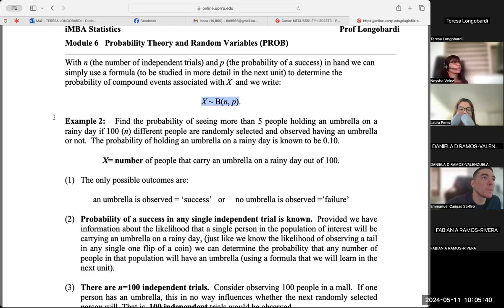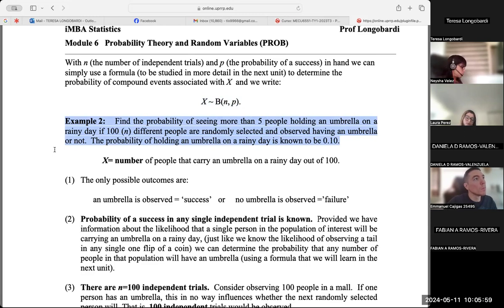So here's an example. Find the probability of seeing more than 5 people holding an umbrella on a rainy day if 100 different people are randomly selected and observed having an umbrella or not. The probability of holding an umbrella on a rainy day is known to be 10%.